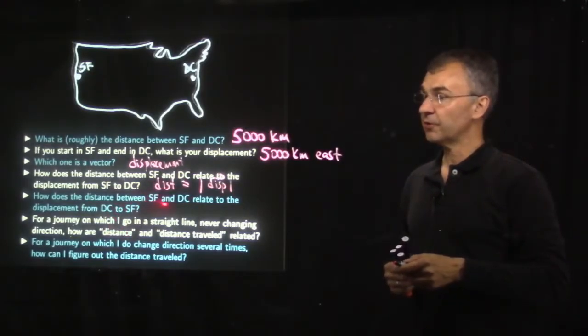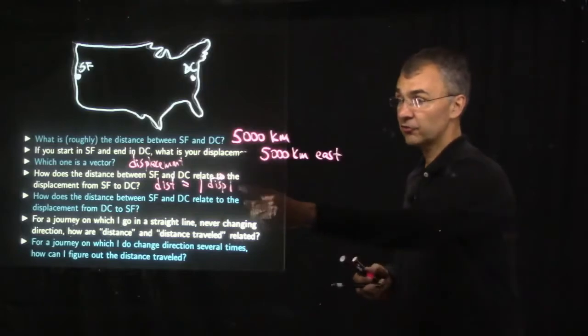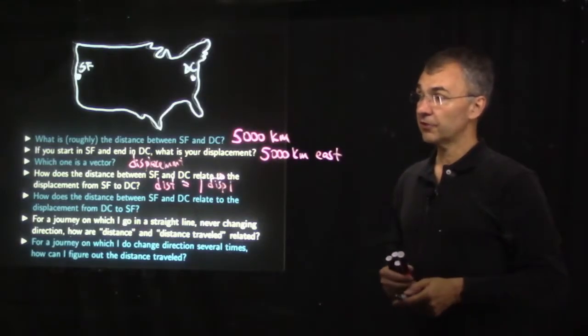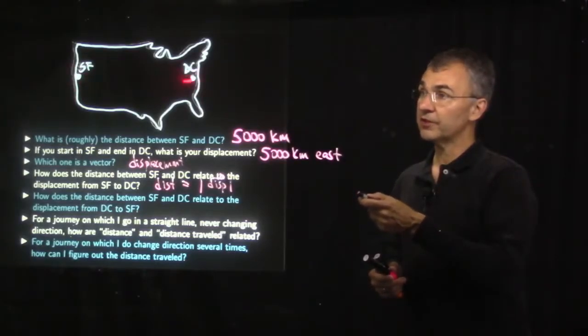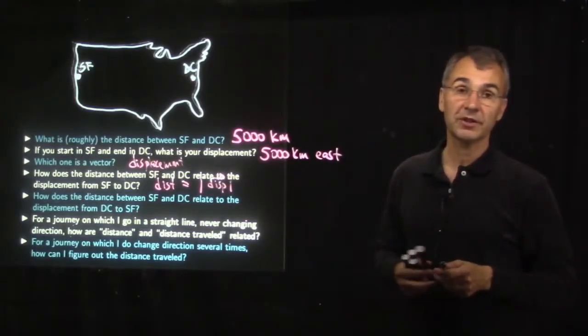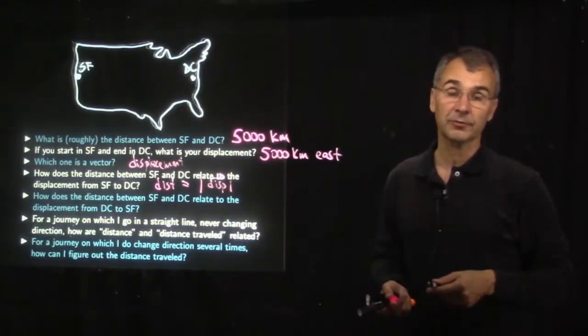How does the distance between San Francisco and DC relate to the displacement from DC to San Francisco? Well, actually, this is true still. So the distance between San Francisco and DC is the same as the distance between DC and San Francisco. It's just the magnitude. The magnitude is 5,000 kilometers.